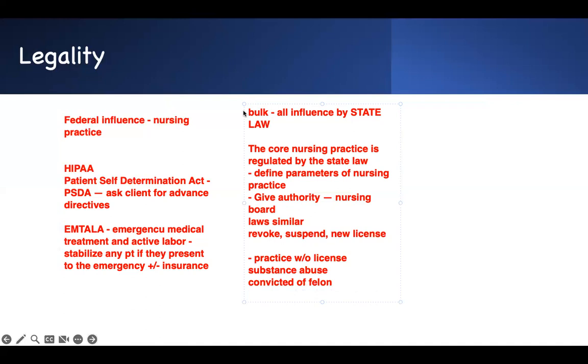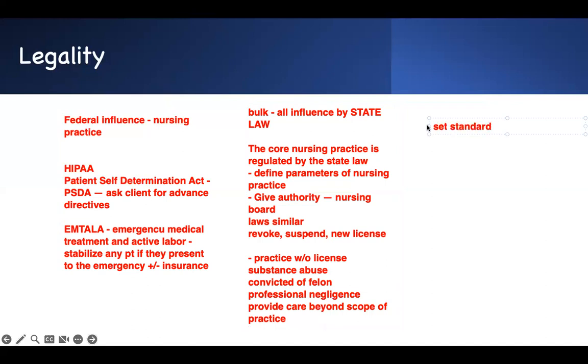Professional negligence, like we saw, which is malpractice, is also a problem. If you provide care beyond your stated scope of practice, you are in trouble. So that's what they do. The state board, through the nursing board which has been given authority by the state, controls all these things. The key thing is they set the standard for you.